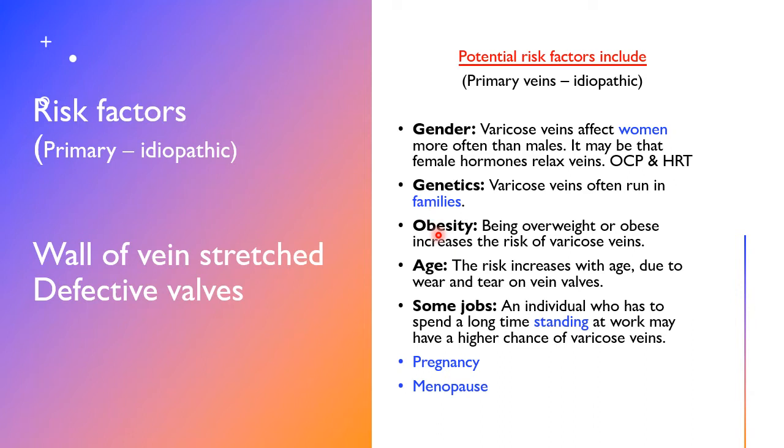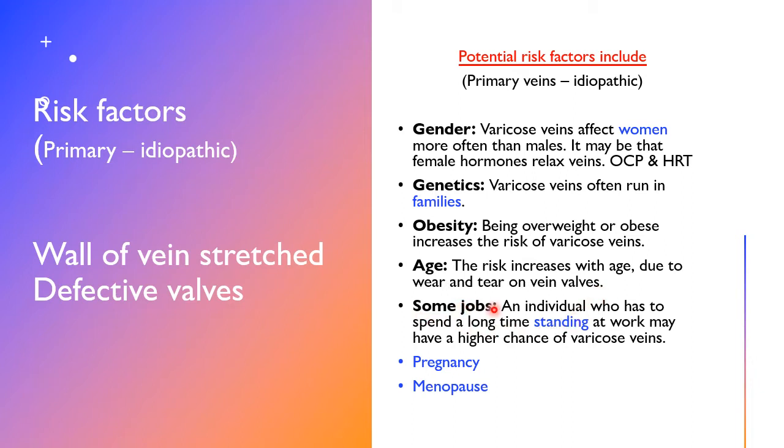Obesity is another important cause which increases the risk of varicose veins. Age, the older the patient, the higher the risk. Patients above the age of 50 have a much higher risk of developing varicose veins.